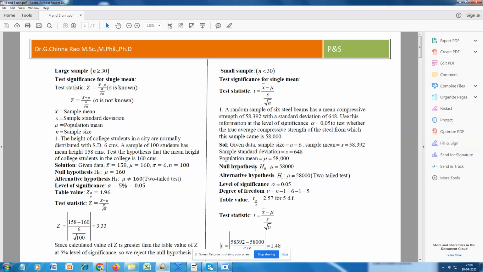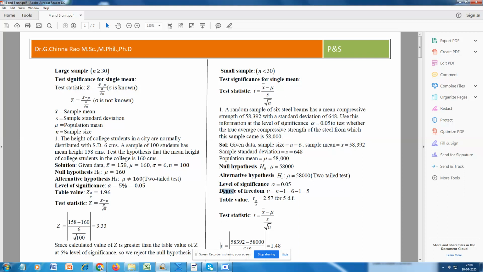Now write step 1: the null hypothesis is mu equal to 58,000, and the alternate hypothesis, denoted by H1, is mu not equal to 58,000. This is a two-tail test because nothing is specified. The level of significance alpha is 0.05, as given in the question.